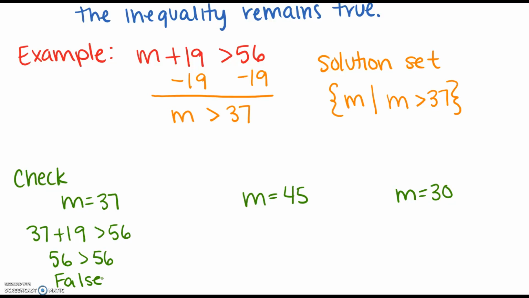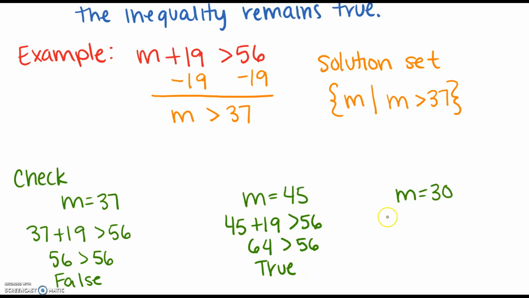What about 45? We have 45 plus 19 is greater than 56, and 45 plus 19 is 64. 64 is greater than 56, so that one is true. Now let's try 30.